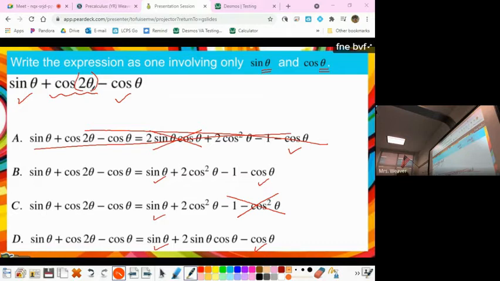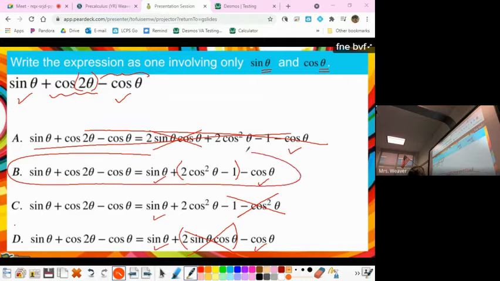Is it 2 sine theta cosine theta, or is it cosine squared theta minus 1? Looking at that grouping, that last one has the negative cosine theta that we had here. So is that the correct substitution, or is this the correct substitution? What do you think? I know it's not this one. 2 sine theta cosine theta is for my sine 2 theta. So B is the correct answer there.